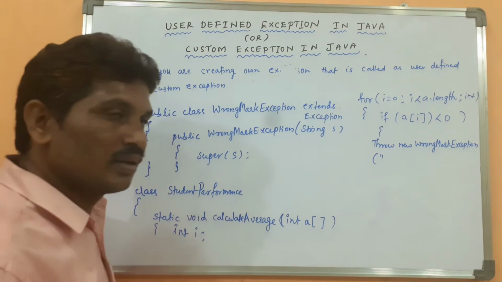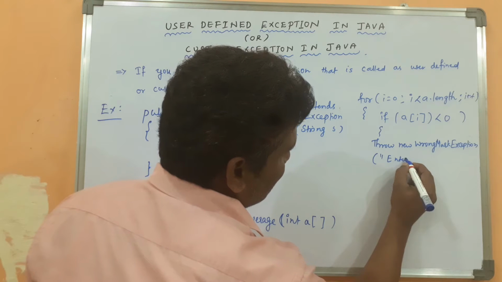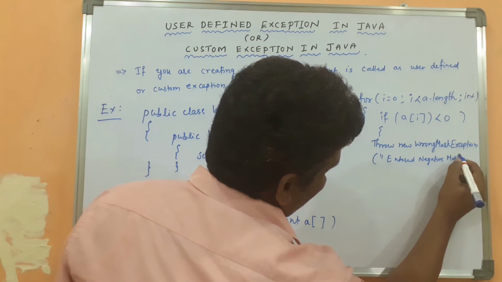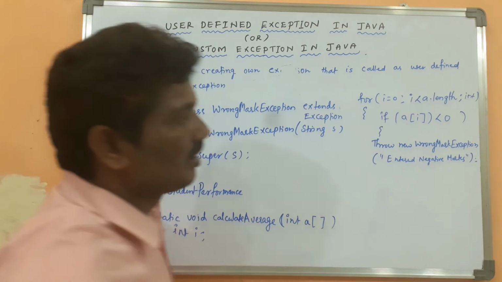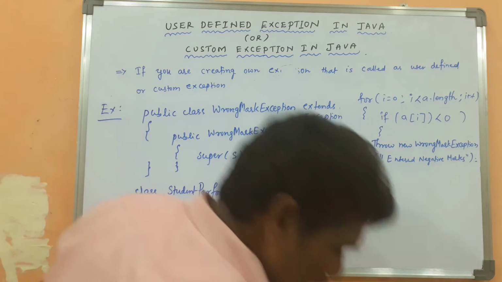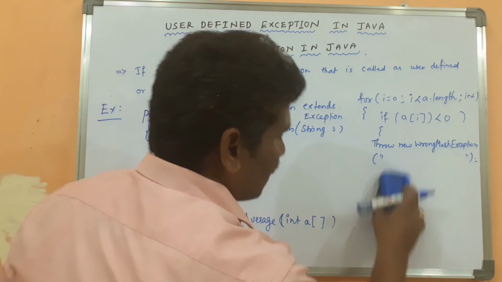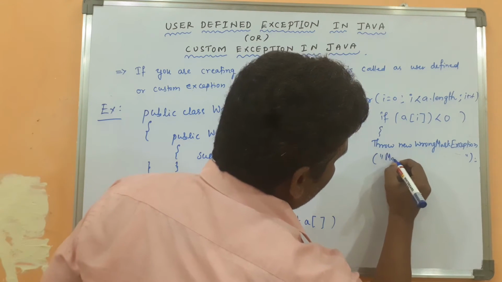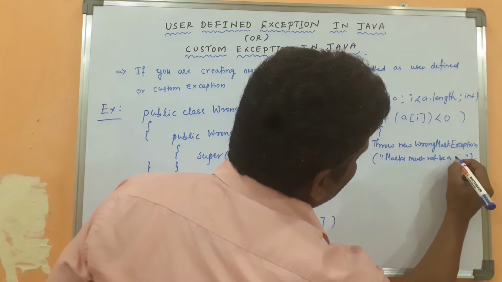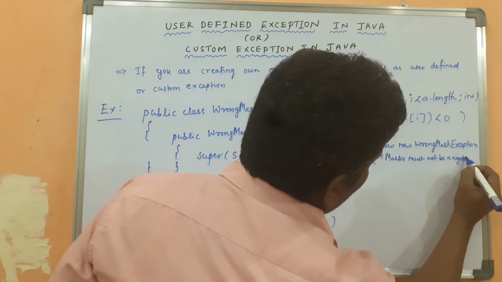Followed by, because here you entered negative marks, or else you can show one message: marks must not be negative.